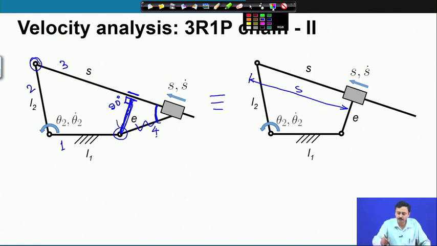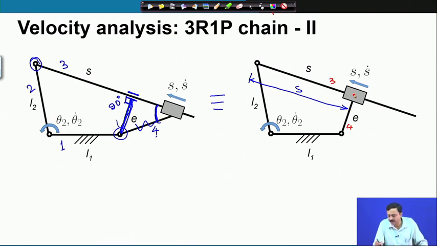So, one more important point here, S is this length and S dot is the velocity of a point belonging to link 3.